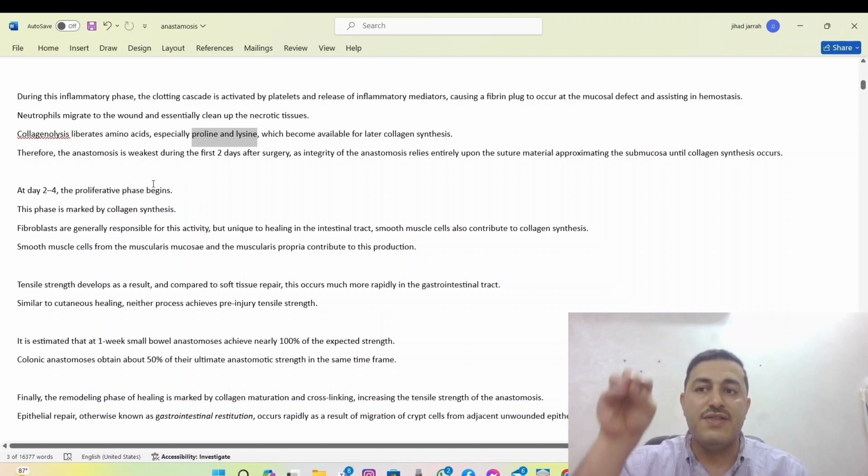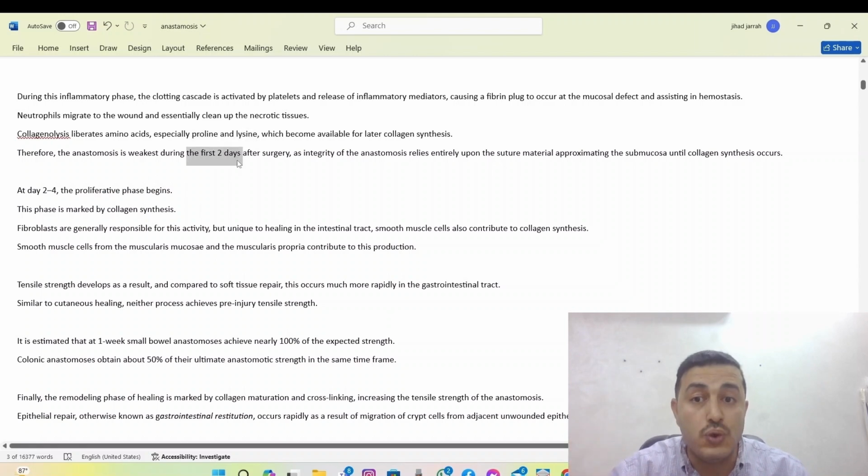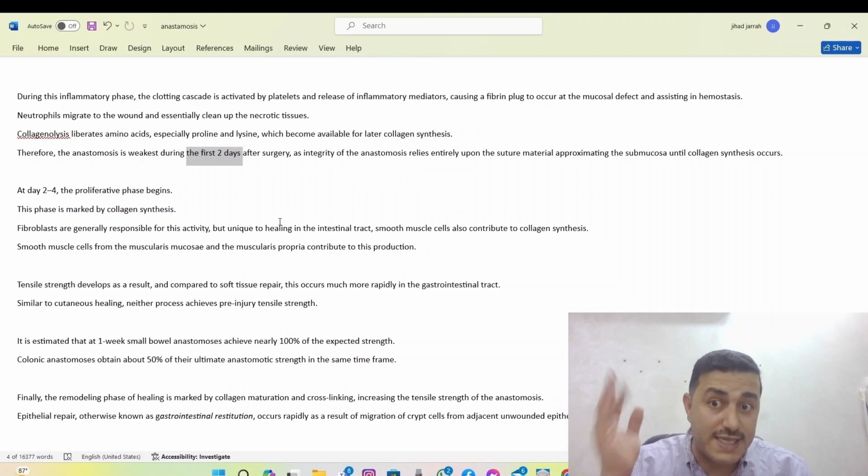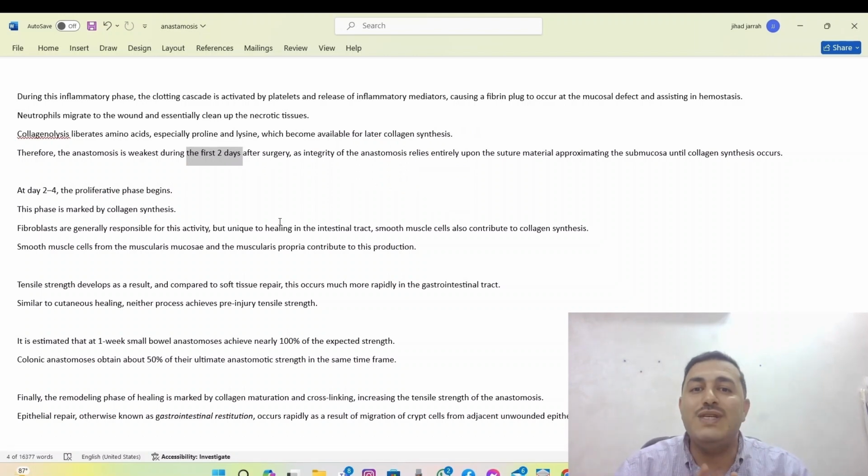So in the inflammatory phase, at around day 2, we have the weakest day of the anastomosis, the lag phase, which we talked about. And we said our anastomosis, our healing, depends only on our sutures.